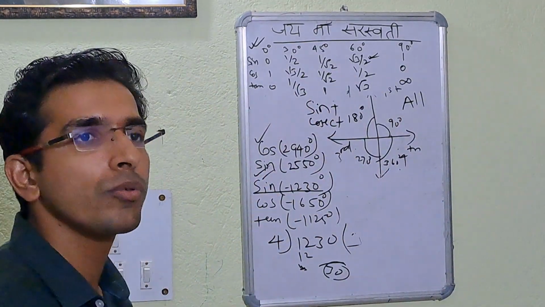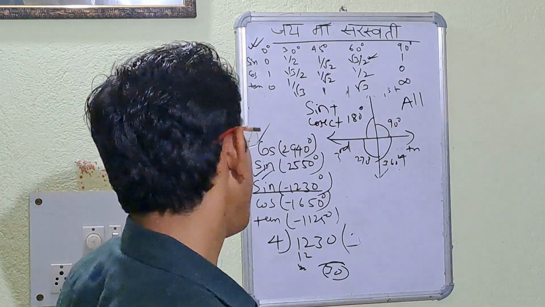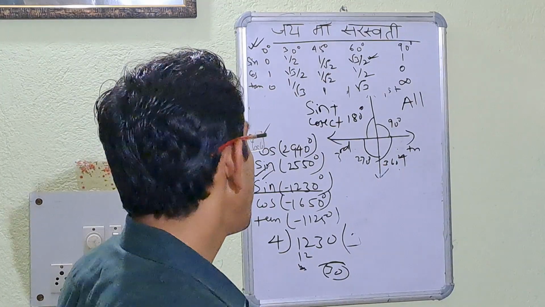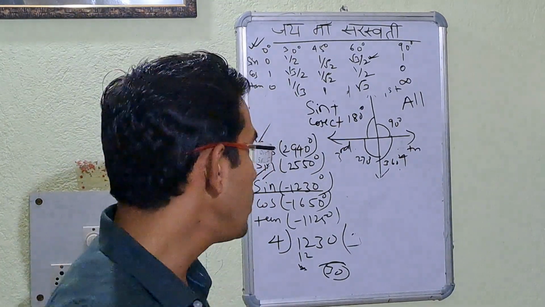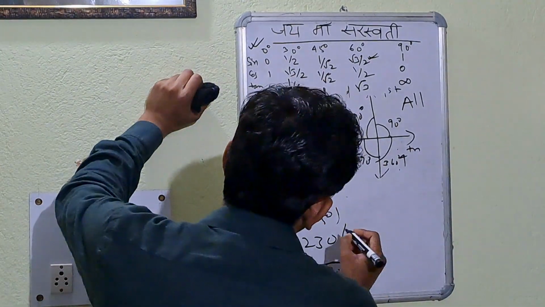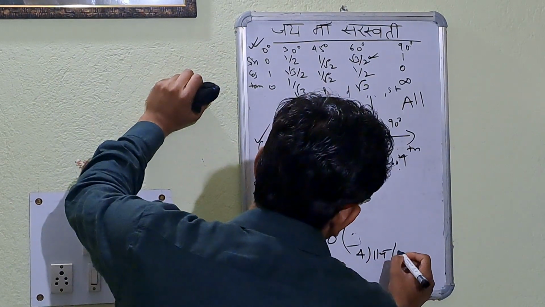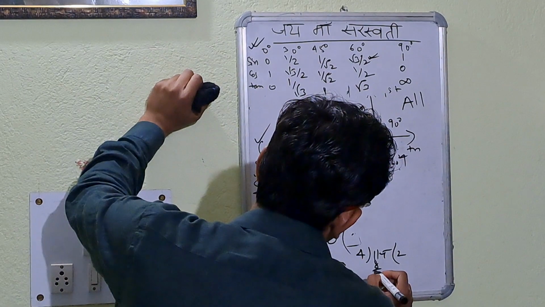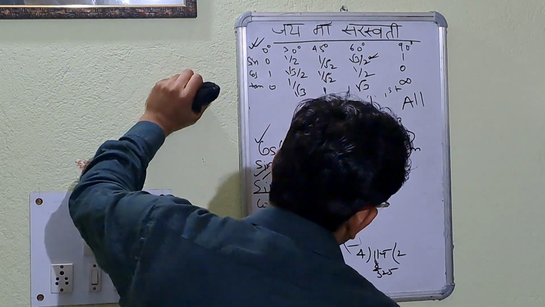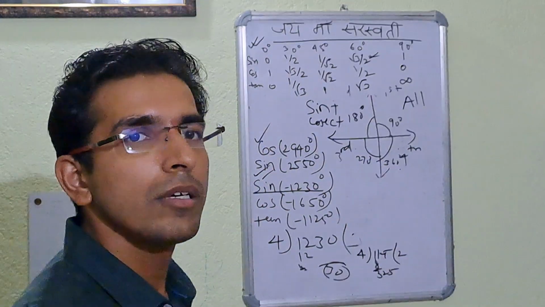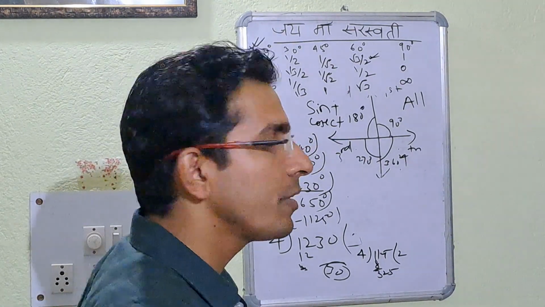Understood? We will be going to the next section of ours. So in that case, we will be using some different concept also, which will be helpful for us. Suppose it is 4 of 1125. So we will be checking what can be done in this case. Suppose 325 degree is there.